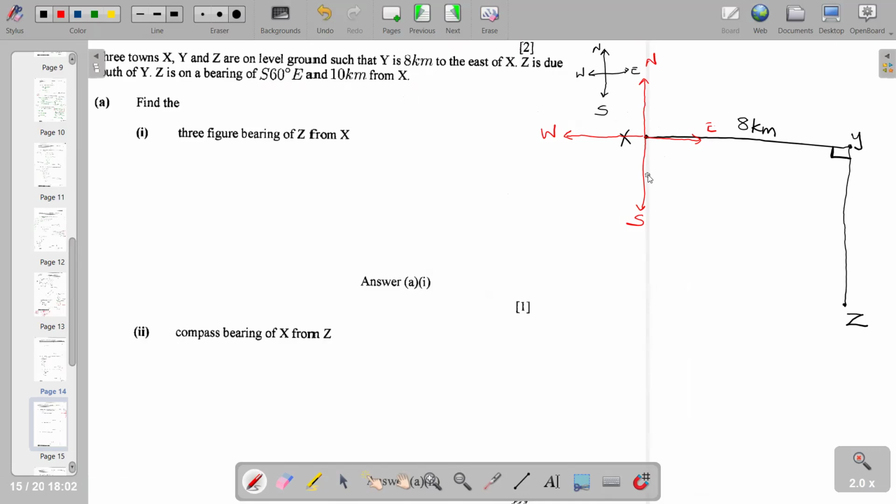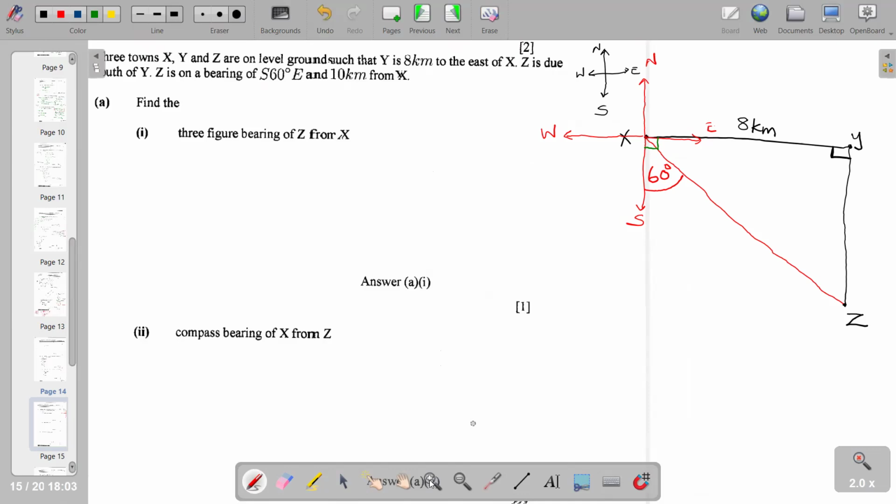Then we are saying it's 60 degrees east from the south, meaning the angle made here is 60 degrees measured from the south, but initially we have to know that here there is 90 degrees. So based on that, we can now answer the questions that follow.